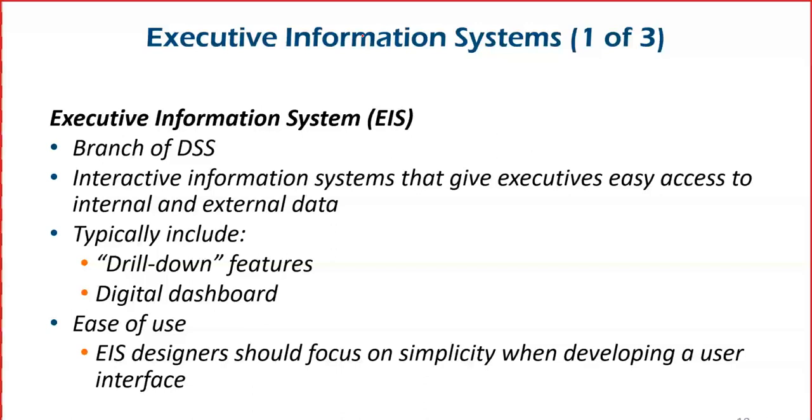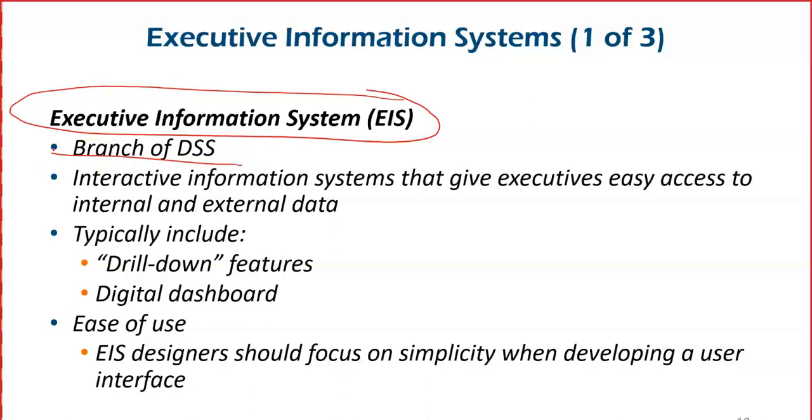EIS is actually not targeting all levels of people in an organization, but targets the top management people, or we call the CEO only, basically, and that's why it says Executive Information System. EIS is a branch of DSS, remember?